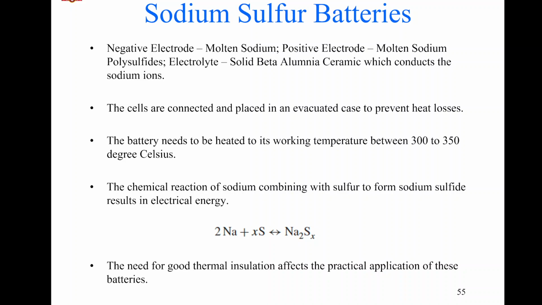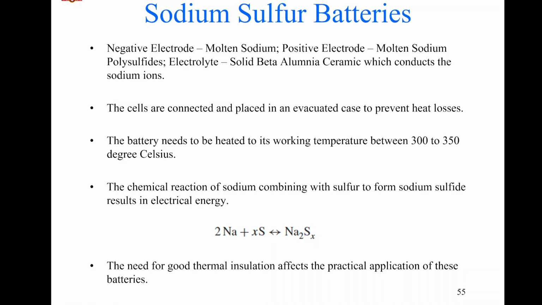So some amount of sodium combines with sulfur to generate sodium sulfide that results in the electrical energy. Since these kinds of batteries require good thermal insulation, it affects the practical application.